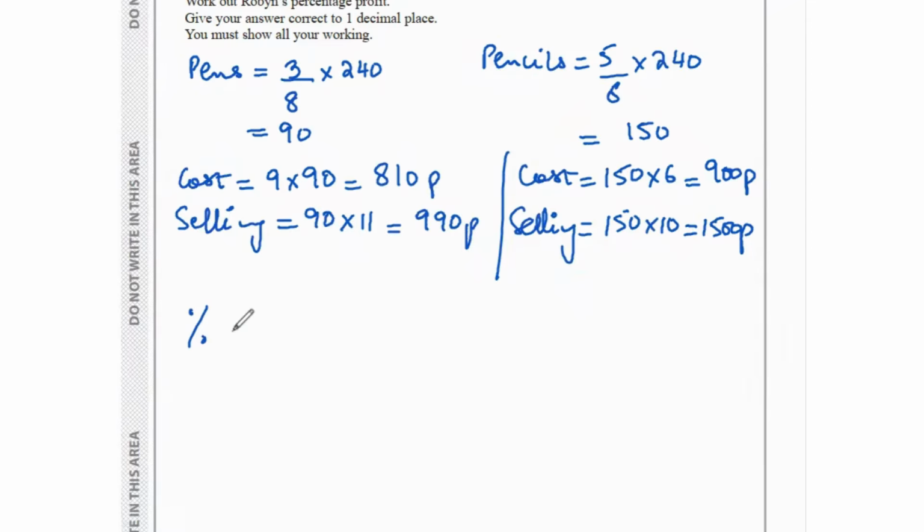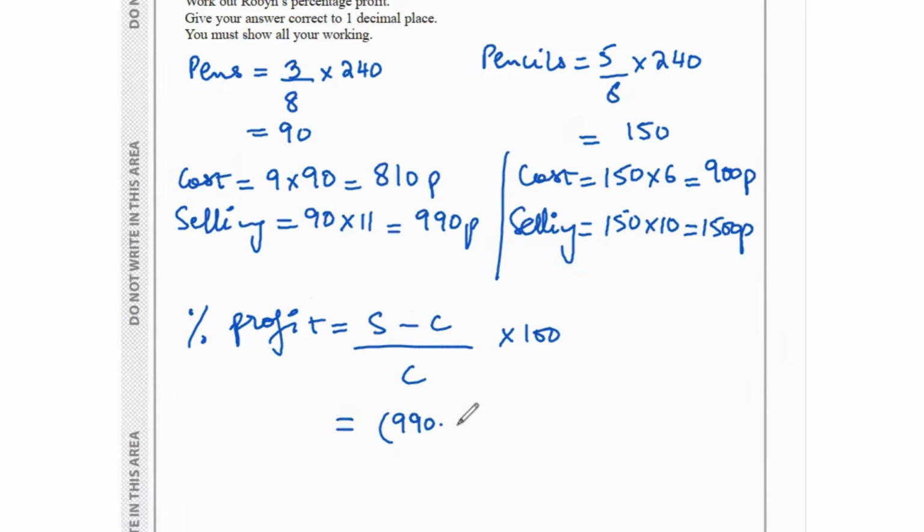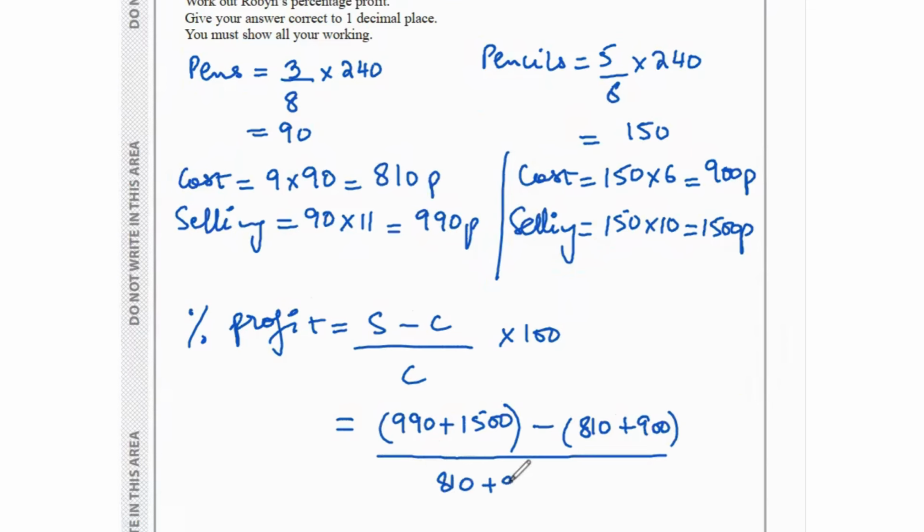For the percentage profit, it's going to be selling minus cost divided by cost times 100. Total selling price is 990 plus 1500. Total cost is 810 plus 900, divided by 810 plus 900, and then we times the fraction by 100 for the percentage.